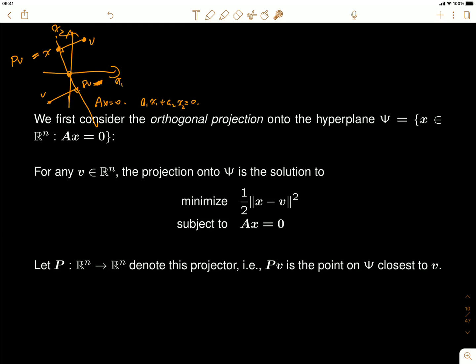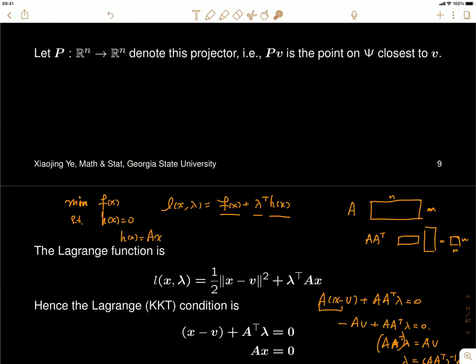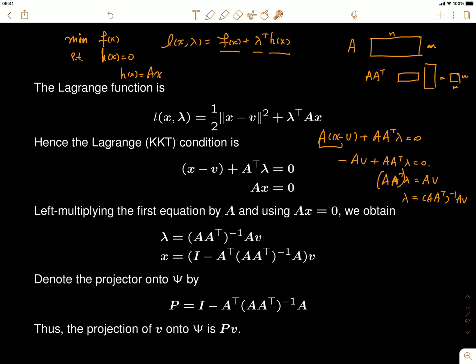Okay, and you can see that for any given v, my x is nothing but this matrix times v. And this is actually the P matrix we mentioned in the previous slide. It's a projection operator, or a projector. Okay, given any vector v, this P times v will give us the projection of v onto the plane.